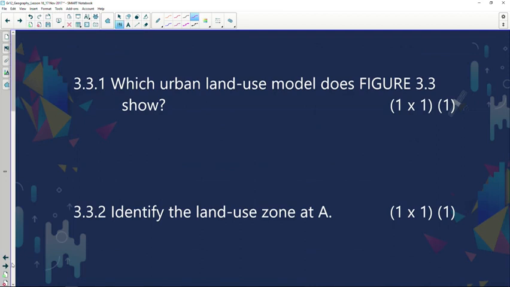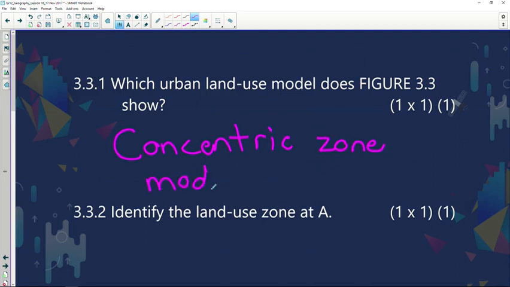Which urban land use model does figure 3.3 show? And immediately you need to know this was the concentric zone model, or the Burgess model, one of the oldest models that we have.